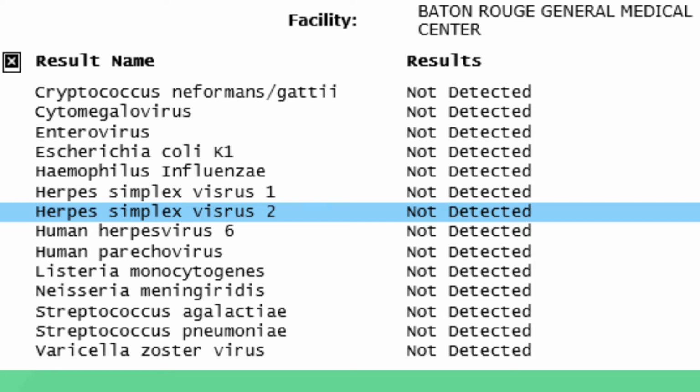So the most common bacterial cause of meningitis is Strep pneumoniae, which is very well represented here and very sensitive for that. Neisseria meningitidis, also seen.